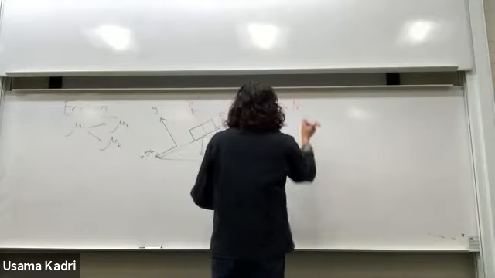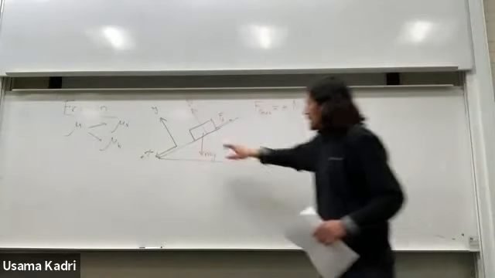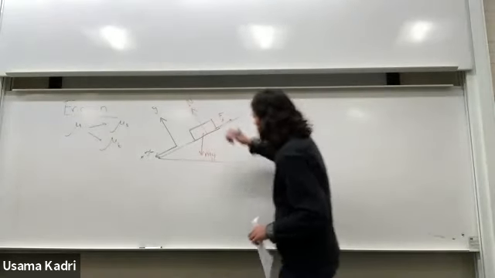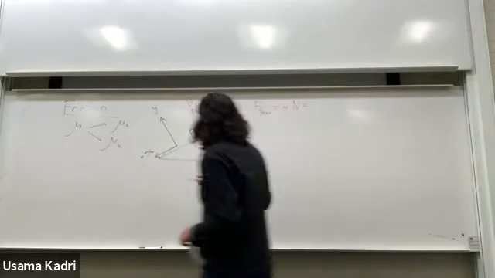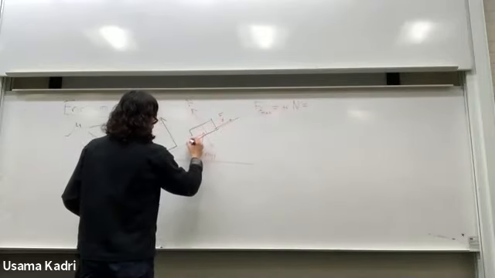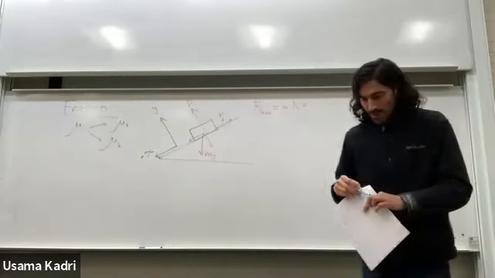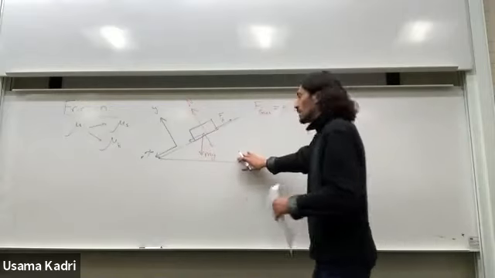In this case, I'm going to write this in a second, but let's look at the decomposition of the gravity force. So we have one in the x direction and one in the minus y direction, right, in blue.